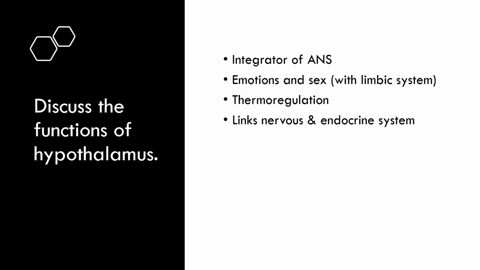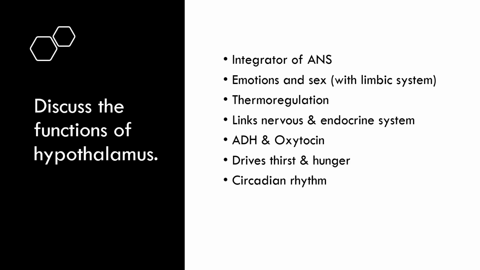It's a thermoregulator. It links nervous and endocrine system, releases water-saving hormone, antidiuretic hormone, and oxytocin. It drives thirst and hunger. It involves or controls circadian rhythm, and it is regulating sleep and wakeful state.